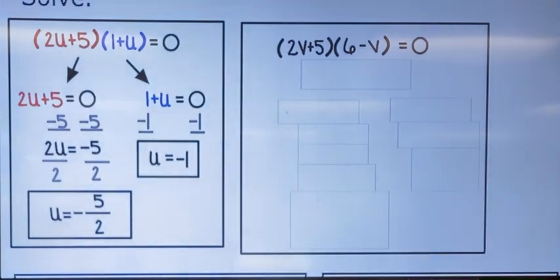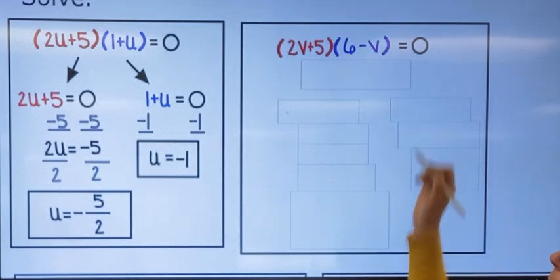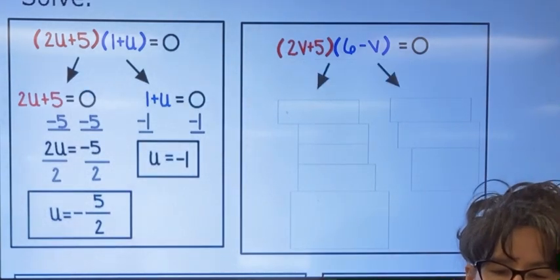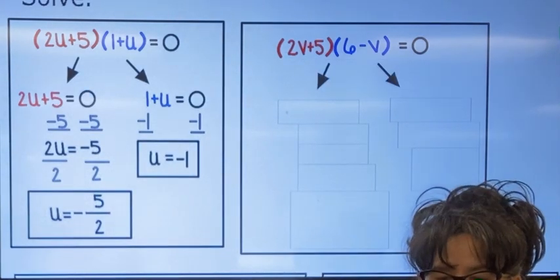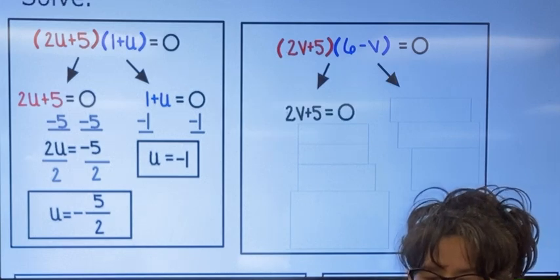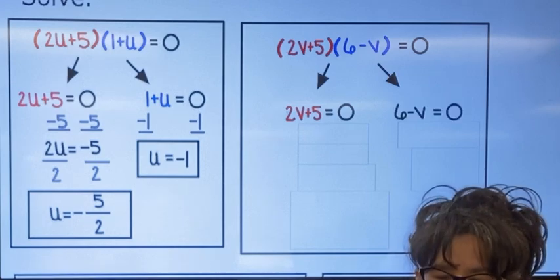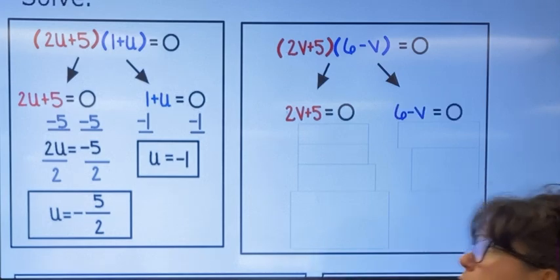So this next one here, I have 2v plus 5, so I'm going to make that one red, multiplied by 6 minus v, so I'm going to make that one blue. So if I have red times blue is equal to 0, then either the red one is 0 or the blue one is 0. So I'm going to set the red one equal to 0, and I'm going to set the blue one equal to 0, and solve.